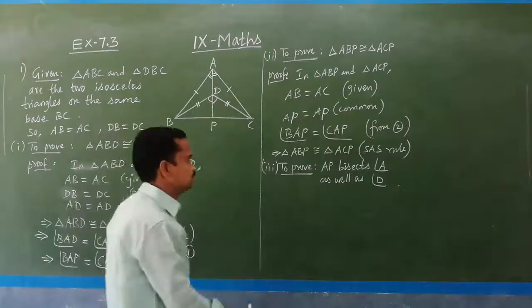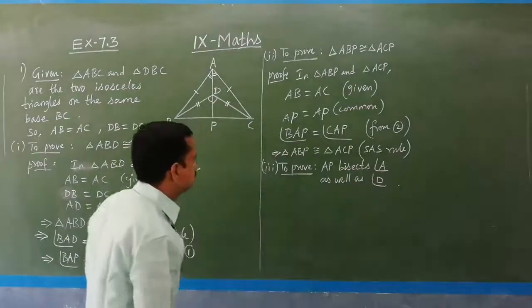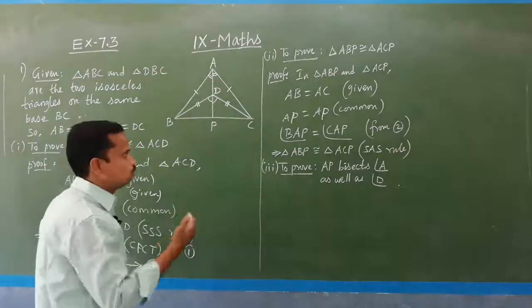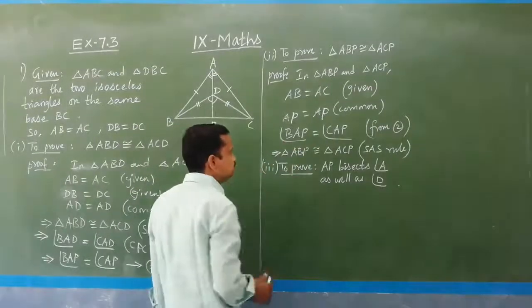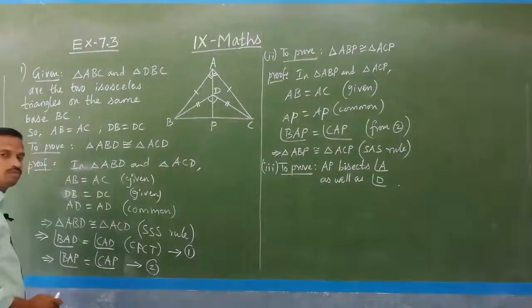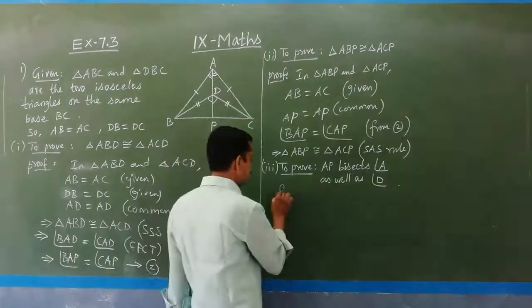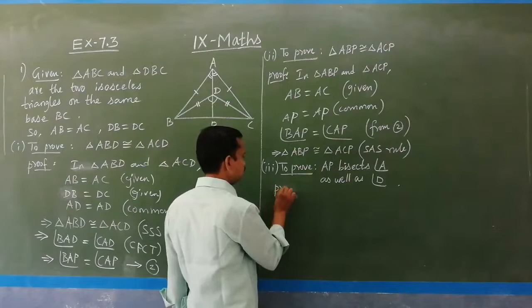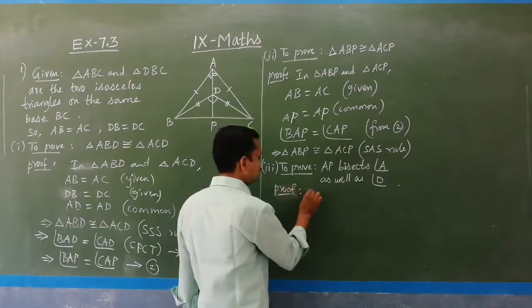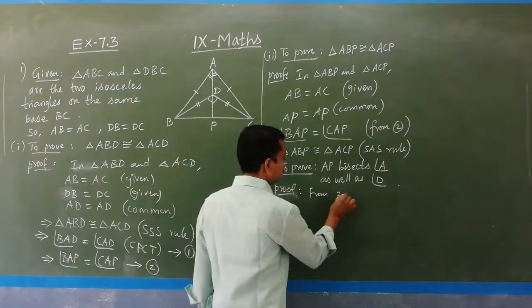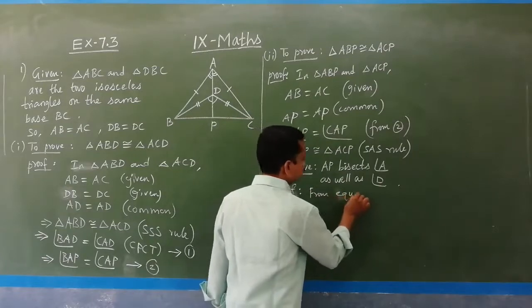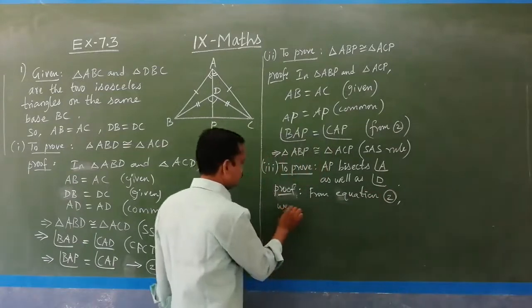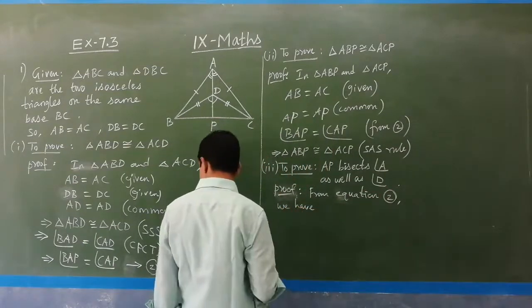So, first we have to say AP bisects angle A. Where can we say that? You see, BAP and CAP are equal, already we have proved, no? This one, BAP equal to CAP. From where have we taken it? From equation 2. So, in the proof part, from equation 2 we can write in words: from equation 2 we have BAP equal to CAP.